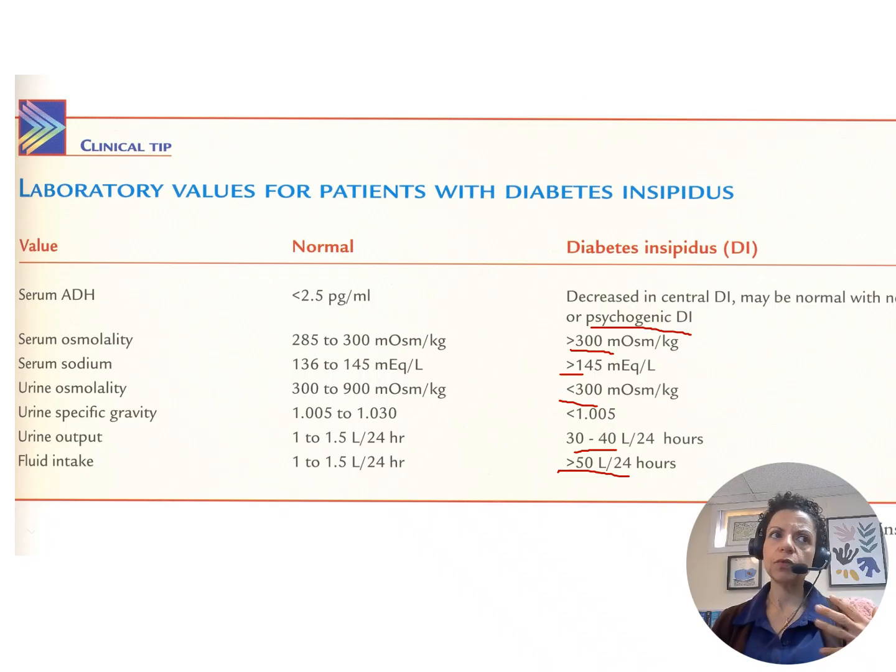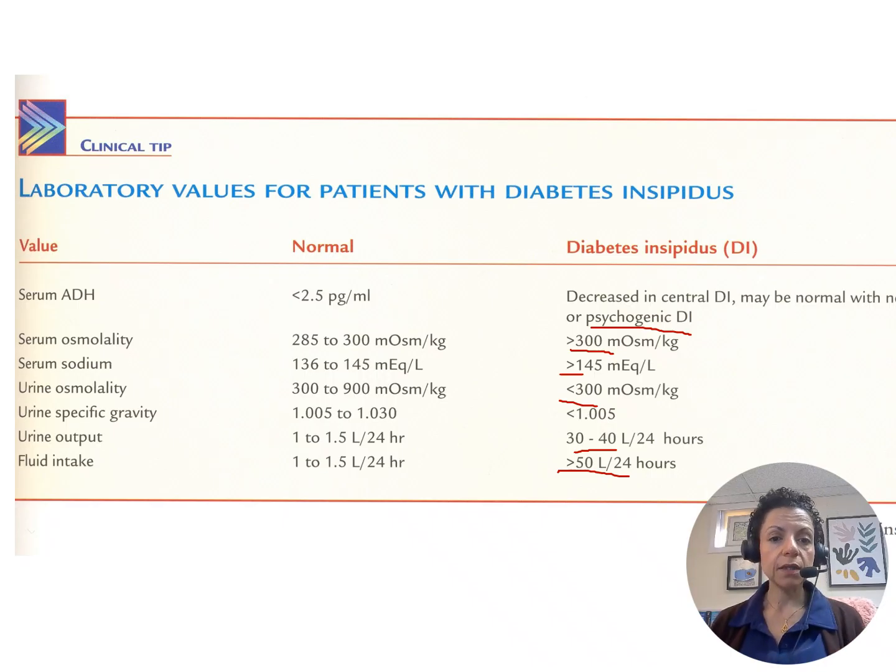But in terms of how they present, they're going to have that polydipsia, that very extreme thirst, and also that polyuria. But their blood values are going to match their urine values, so they don't have DI.